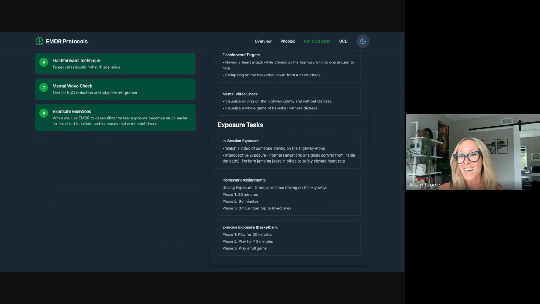So I love using EMDR prior to doing exposure exercises because, like I said, it desensitizes the fear. So it's easier to move into that challenge. And it also reframes the cognitive belief and it clears the body sensations that are associated with the panic.